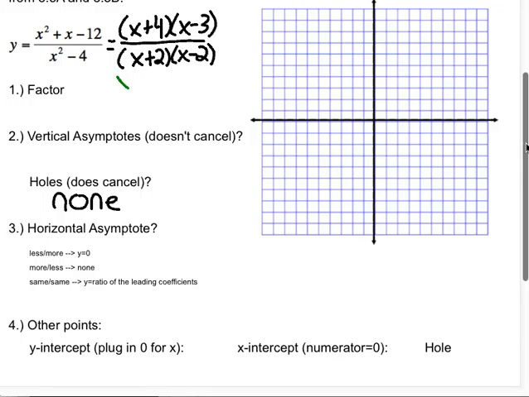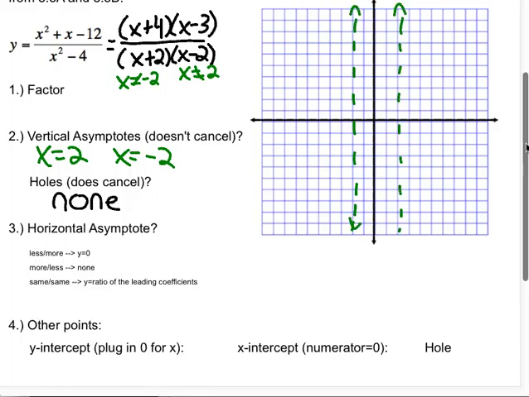One from here, because I can't let x be negative 2. One from here, because I can't let x be positive 2. So here I have 2 vertical asymptotes to worry about.